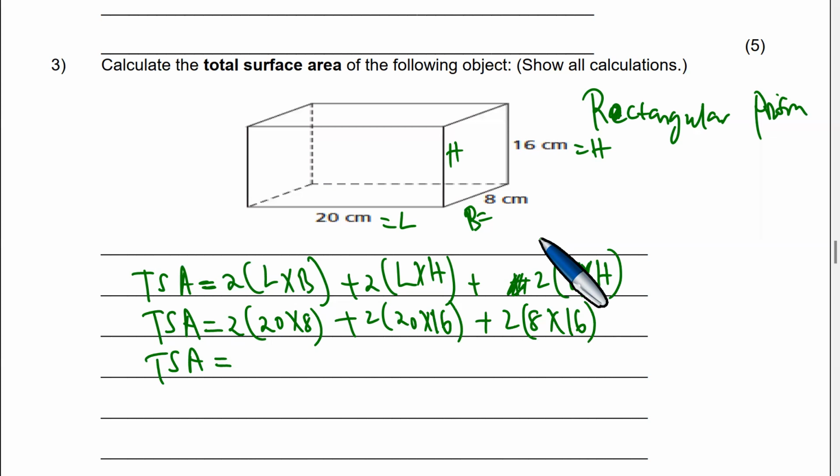Let's continue. So what is the answer there, Lindsay, if we just simplify, multiply everything? Right, the answer appears to be 1216.